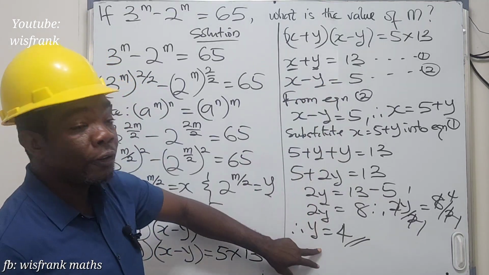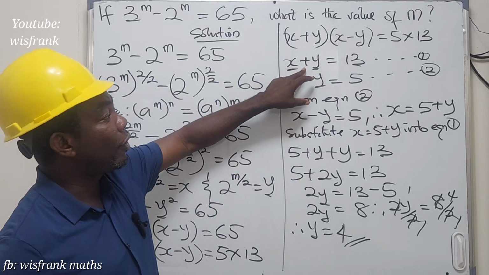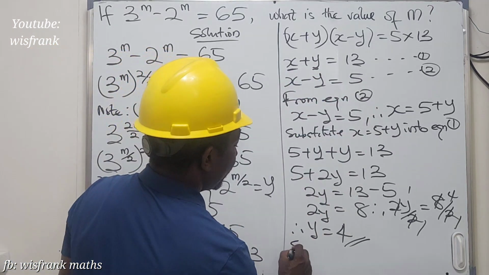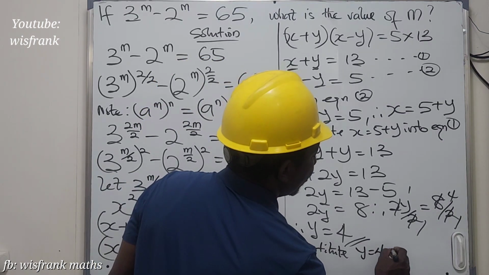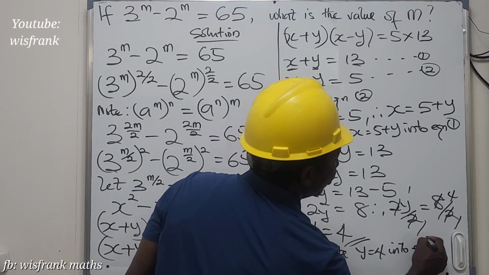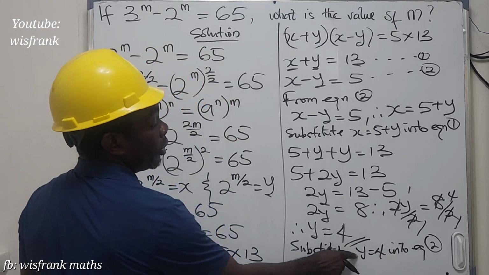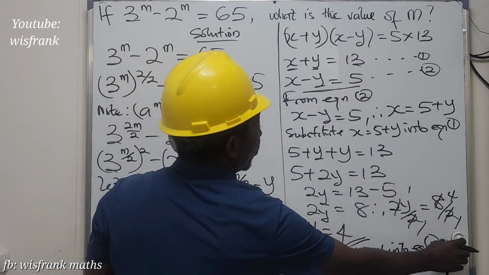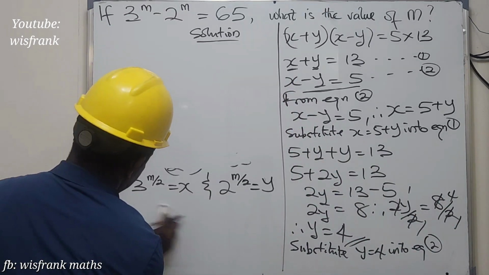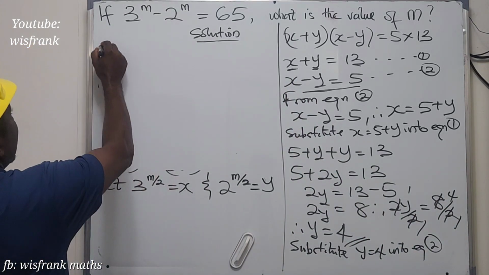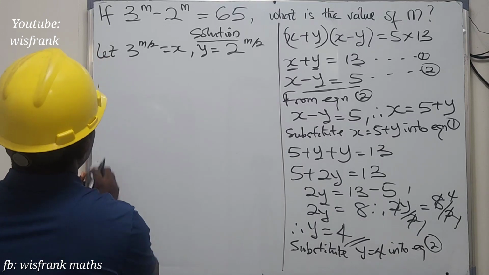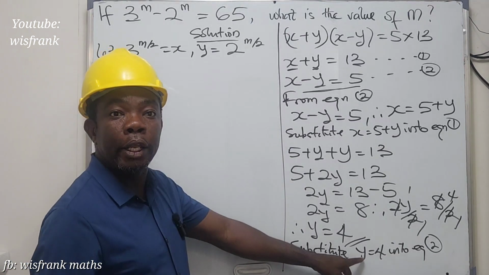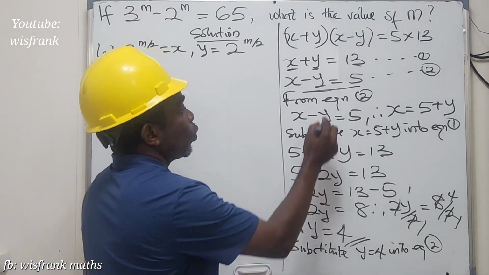So we can use the value of y here to get the value of x. So substituting the value of y into equation 2, we say substitute y equals 4 into equation 2.